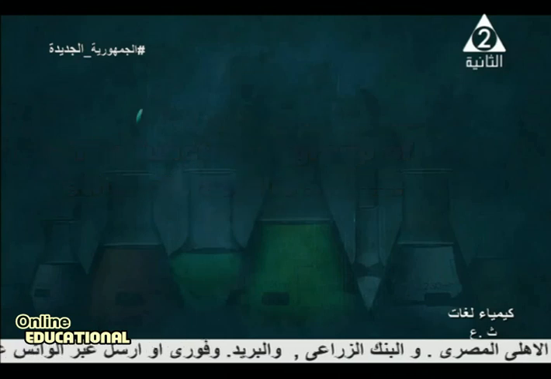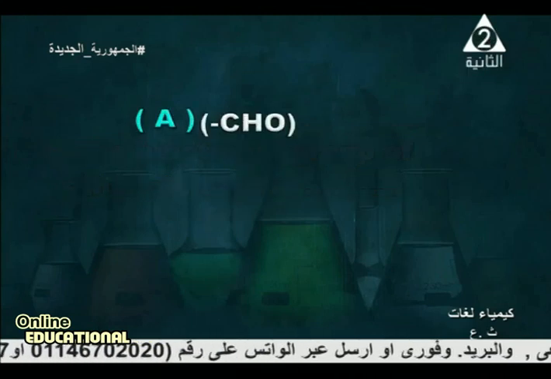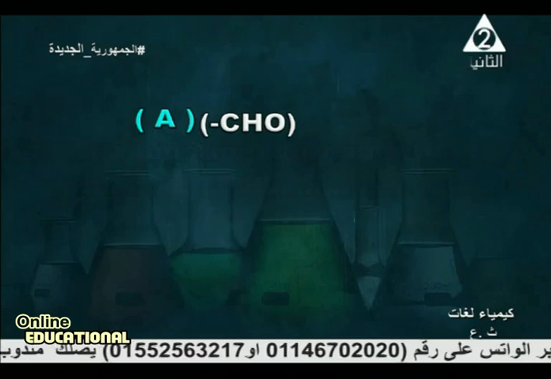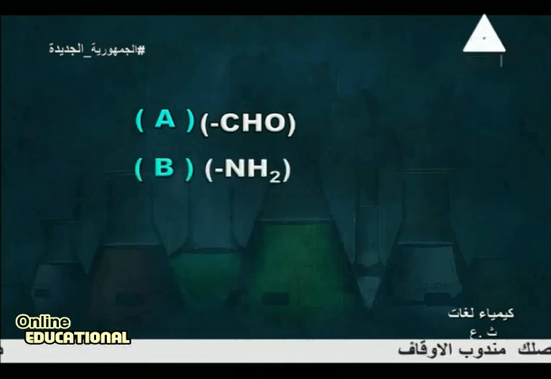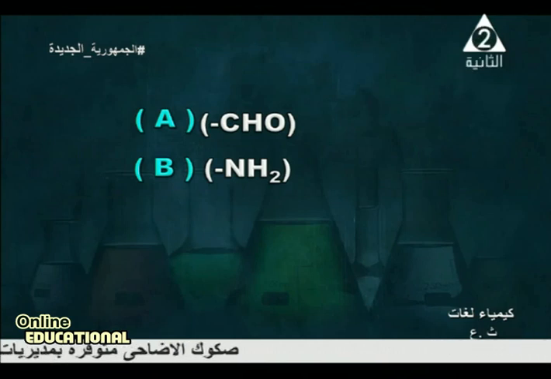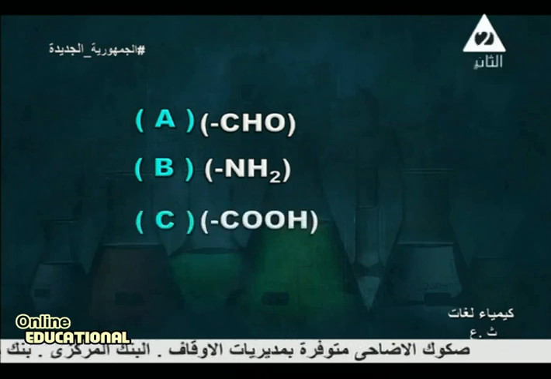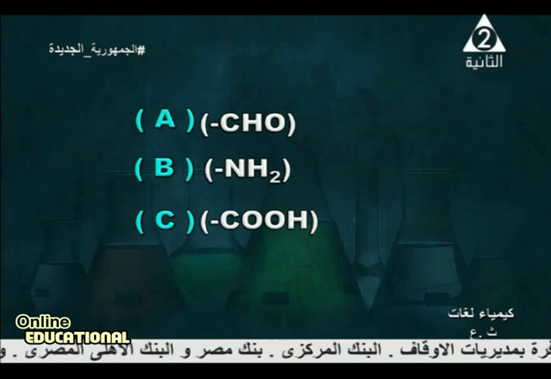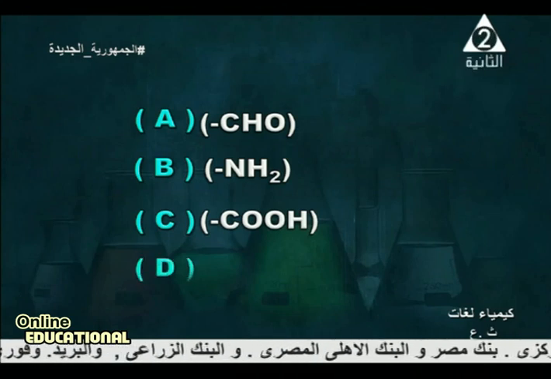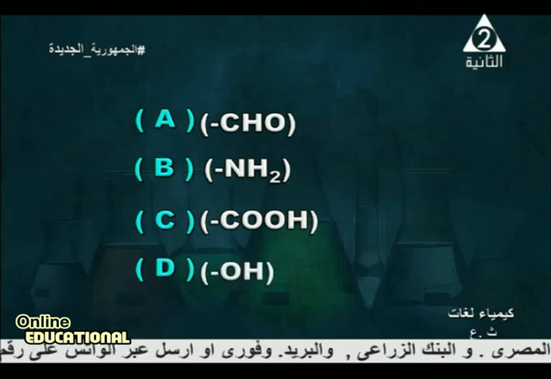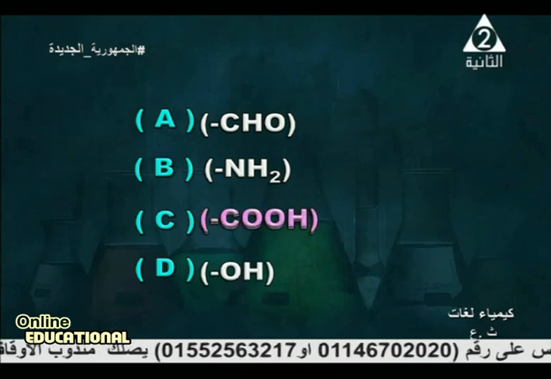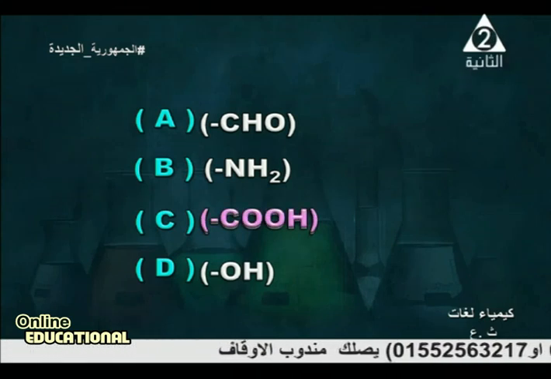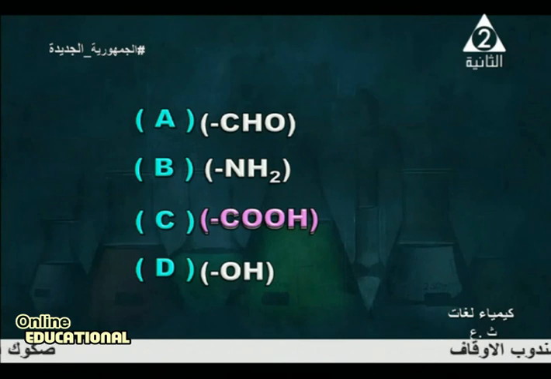Do you think this function is dash CHO, aldehyde, or NH2, an amine group, or COOH, carboxylic group? Now, what is D? I say OH. Directly we say the good answer for this: COOH. Yes, carboxylic group, especially for ethanoic acid.